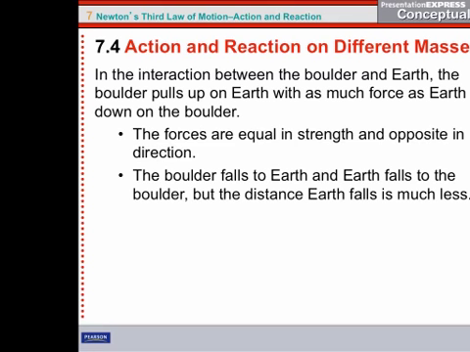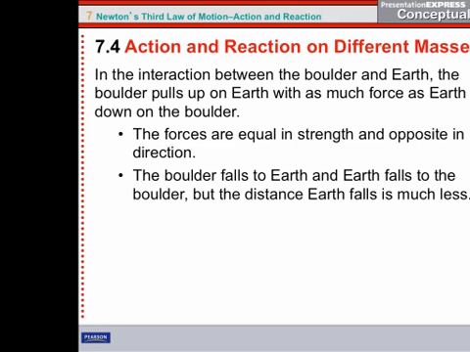Now, technically, the earth actually falls to the boulder, but the distance that the earth moves is far, far less because the mass of the boulder compared to the mass of the earth is so extremely different. And if you think of Newton's second law, F equals ma, there can be a force there that accelerates the boulder.